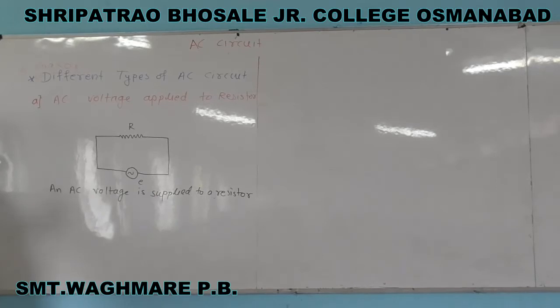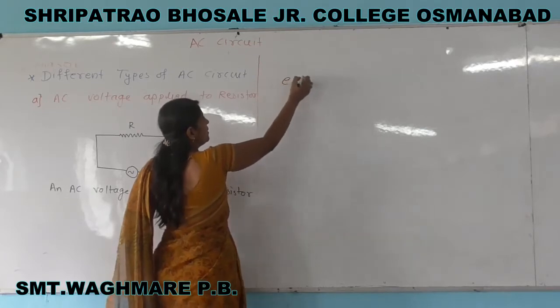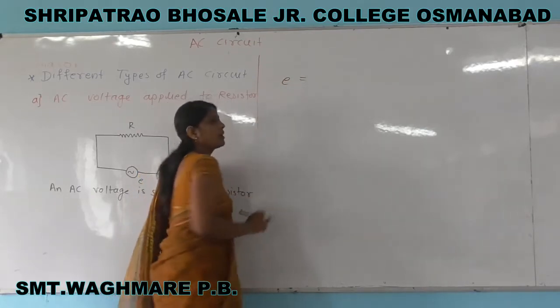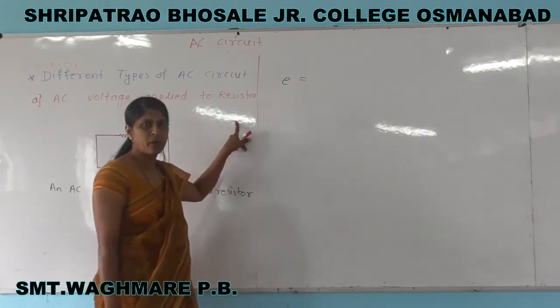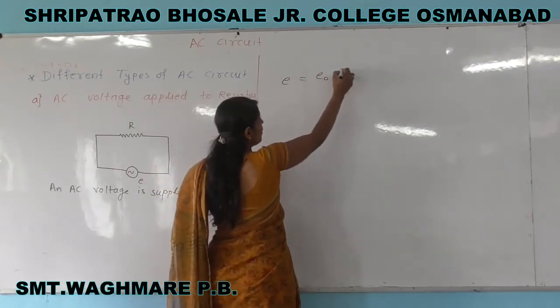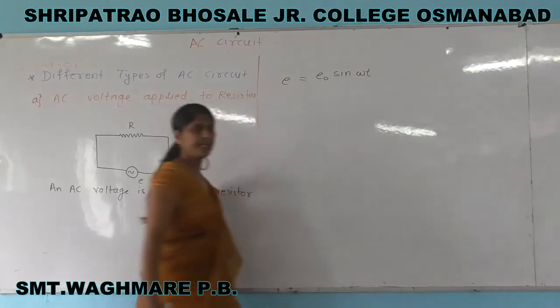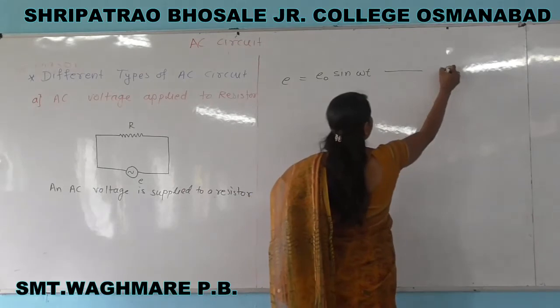When this resistor is connected to the AC supply, then we know that E is equal to the equation derived from the AC generator, that is, E is equal to E naught sin omega t.